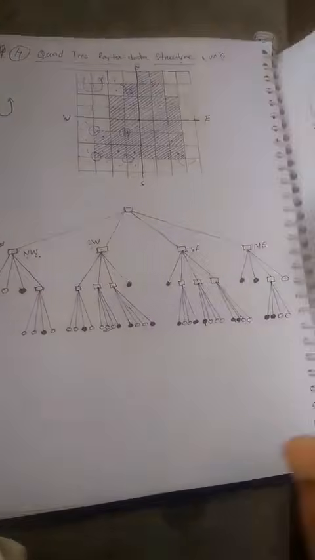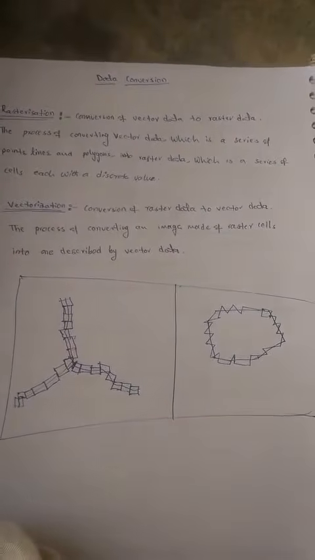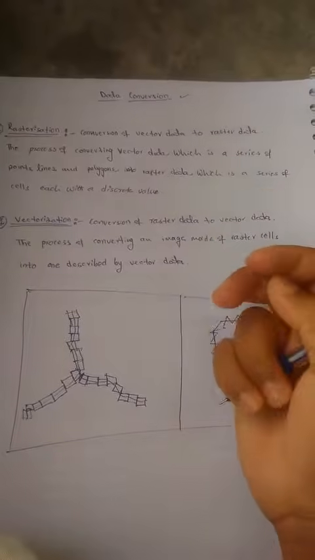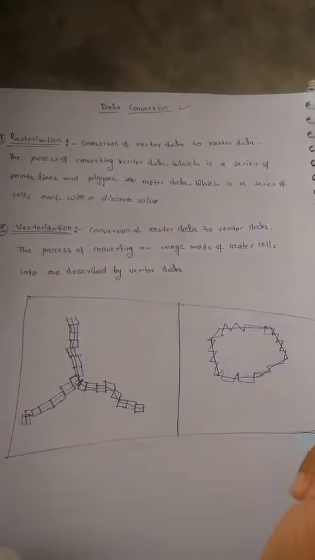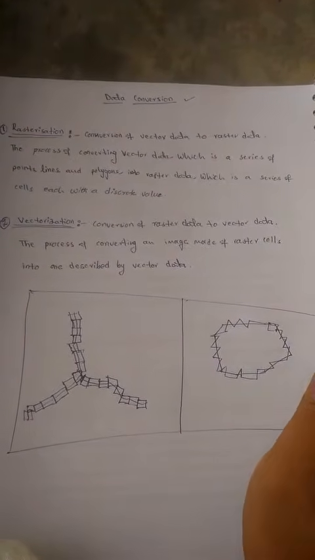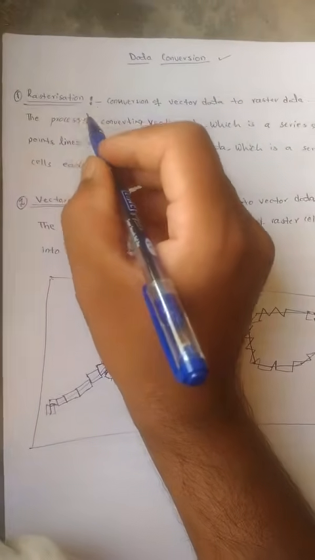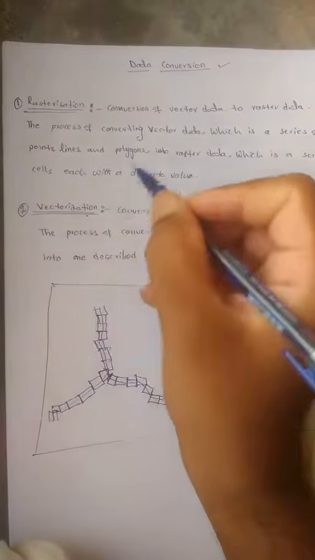Again, you will have a small topic here: data conversion. What is meant by data conversion? Mainly we have two types of data. The first is raster data and the second is vector data. You already know that. There are two terminologies here, rasterization and vectorization.